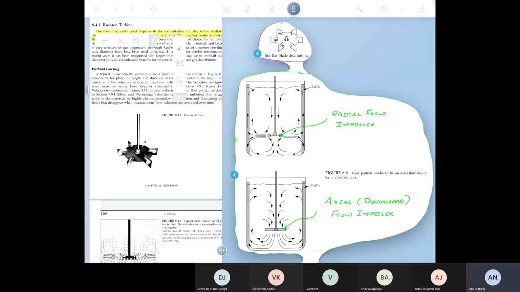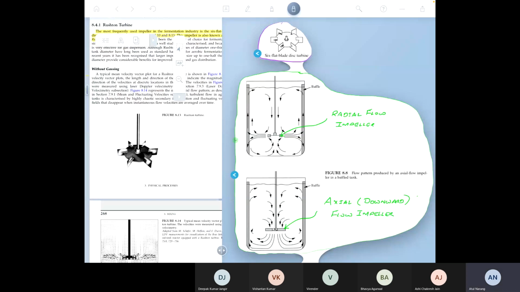They're not flat because, as you will see later on, instead of making them flat, you can make them pitched, which is to say at an angle. But in this case, there are six blades, they are flat, and as you can see, they are mounted orthogonal to the disc. So as the impeller turns, these flat plates push against the liquid. And as we will see later on, they also seem to serve some function in causing excellent gas mixing.